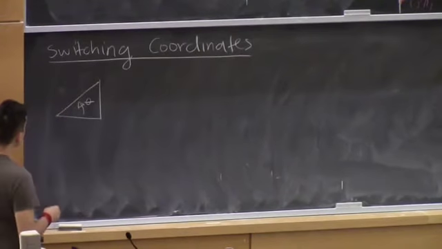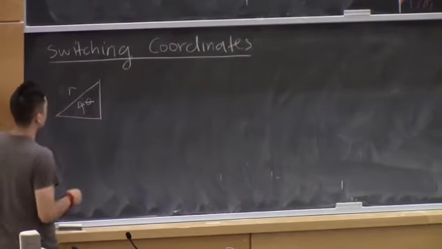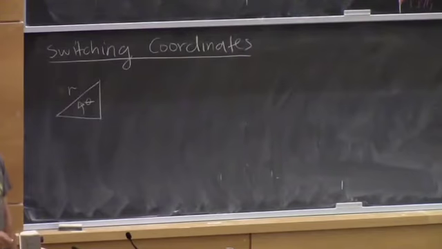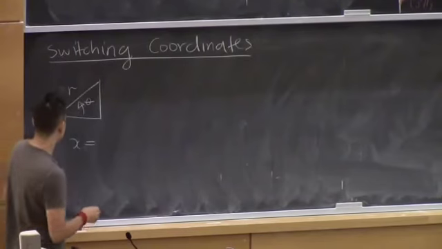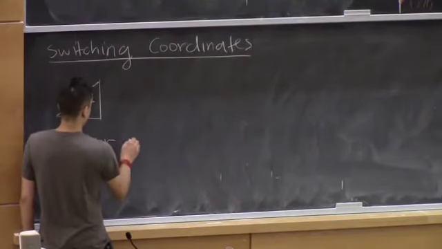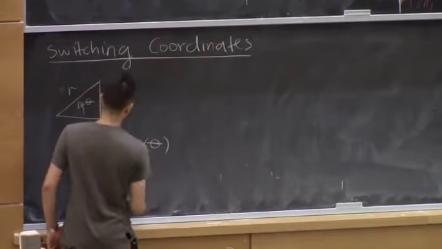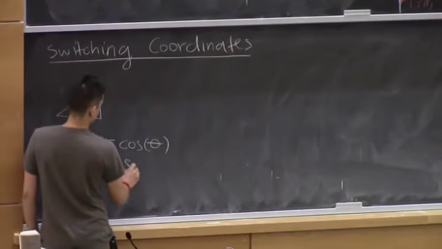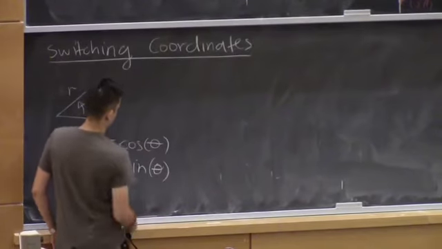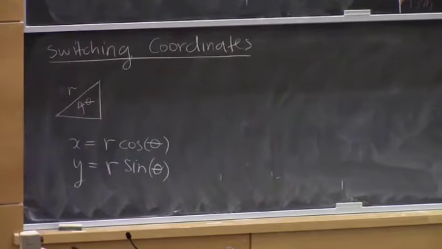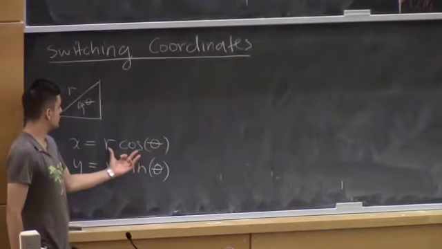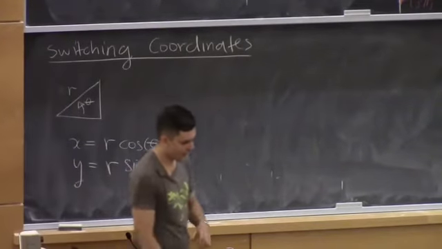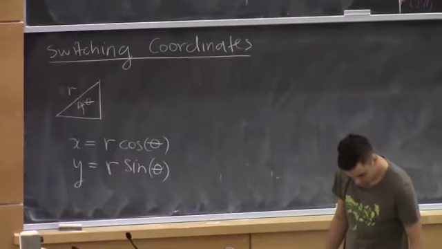So if we've got a theta here and a length r here, we're going to get x is r cos theta and y is r sine theta. So to go from polar to Cartesian, we can use trigonometry to get our values there. Very good.